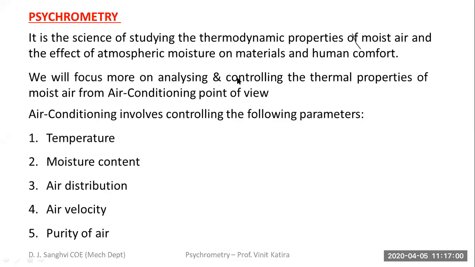But from the air conditioning point of view, moisture plays an important role because it has a huge contribution to human comfort. If you are staying in a very moist place, for example near a sea, and it is summer, then the temperature is high. Also, the humidity levels are quite high. So, a normal human being will not be comfortable in those conditions for a very long time.